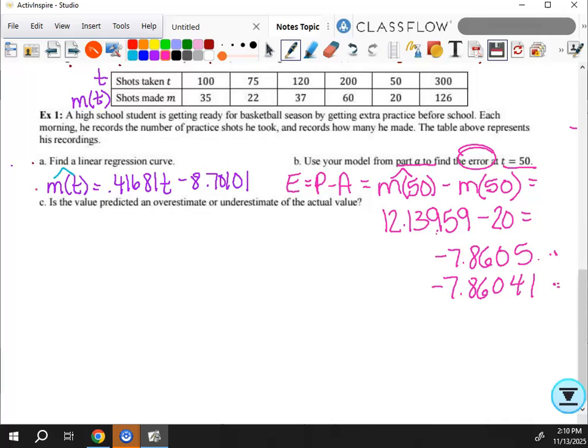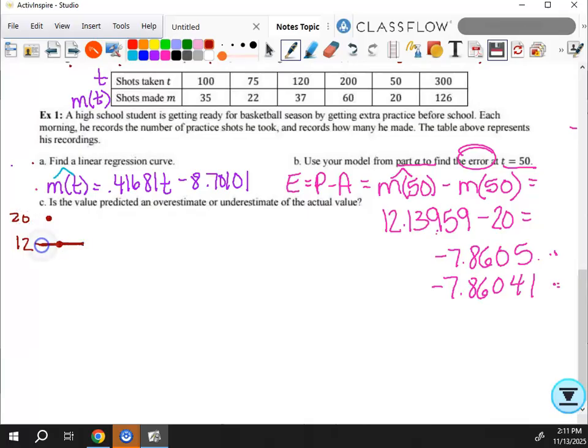All right, so then this says, is the predicted value an overestimate or underestimate? Now, I know you actually have the values there to look at, but I also want you to think of it this way. Here's my prediction line, right? So I have a point on my prediction line. My predicted value is 12 something. I don't even care what the decimals are. My actual value is 20, right?